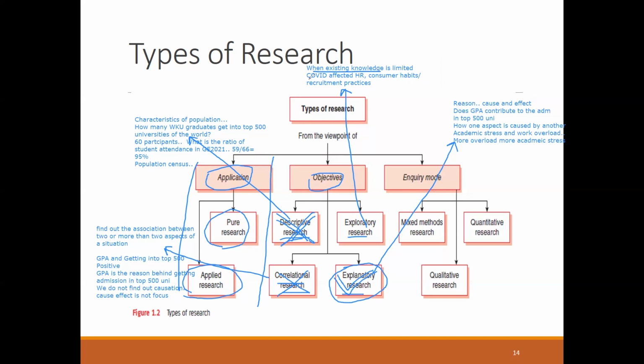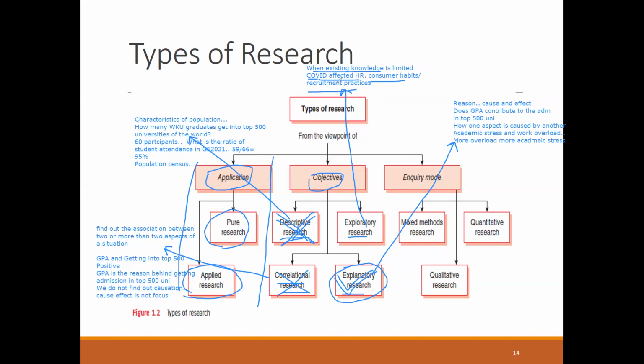I have given you examples of limited knowledge, like how COVID affects HR practices, consumer habits, recruitment practices, and accounting, finance or auditing practices. These are all topics which we are still trying to understand.